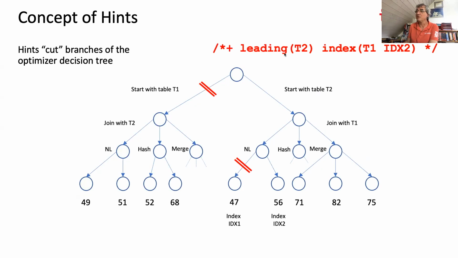For example, with a leading hint, we can say, okay, you have to start with table T2. And in this case, the whole branch with all the sub-branches is cut. And then from the remaining execution plans, the 56 is the cheapest one. And now the right execution plan is executed.